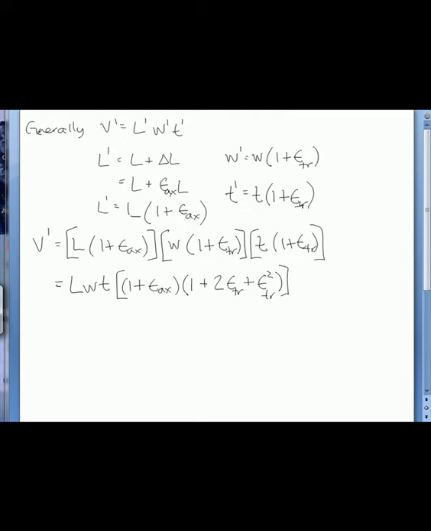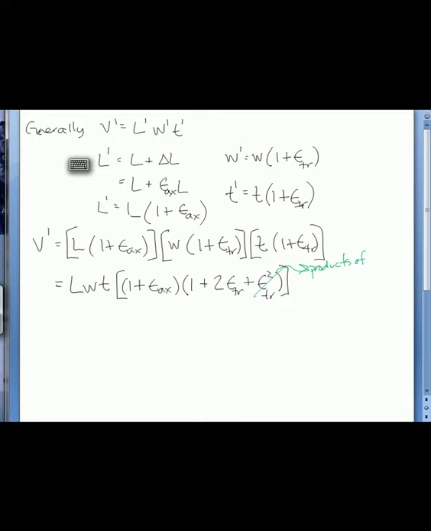So, when you have itty-bitty numbers like a transverse strain, the product of two itty-bitty numbers is an even smaller number.